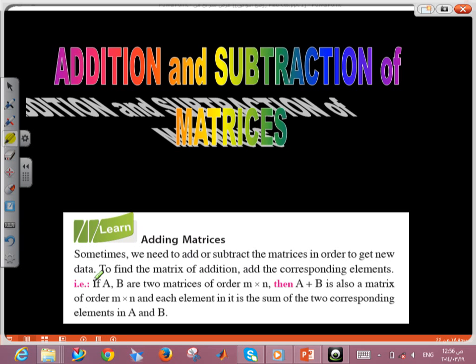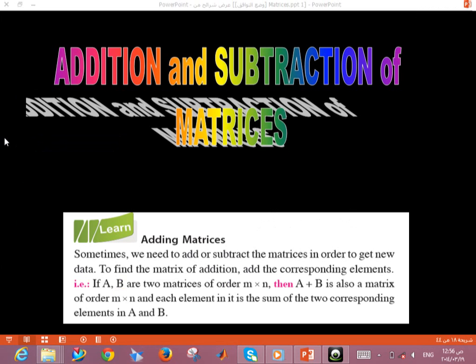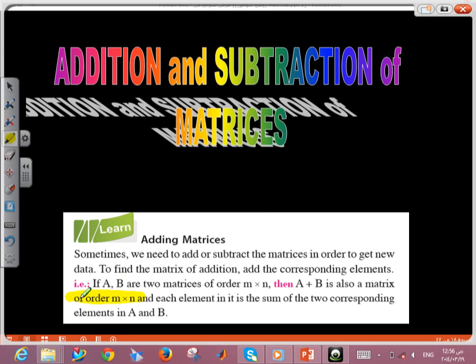If two matrices have the same order, that is the condition. Okay, then we can say that A plus B is also a matrix of the same order.